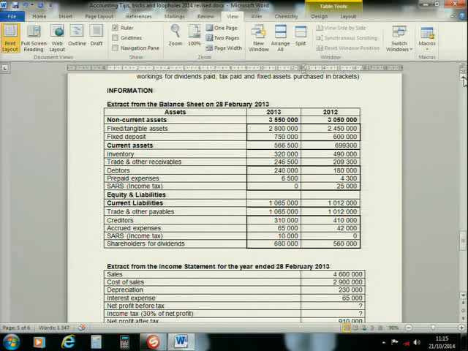Coming to trade and other payables, you must also exclude SARS where applicable, as well as shareholders for dividends, in measuring the movement of trade and other payables from one year to another. Again, the reason being, those amounts are used somewhere in the calculation of tax paid as well as dividends paid. Remember that.